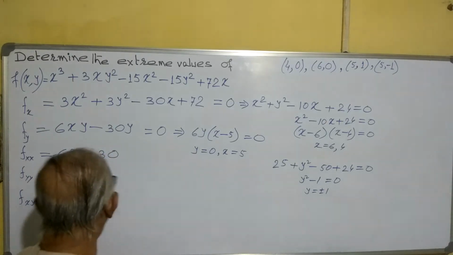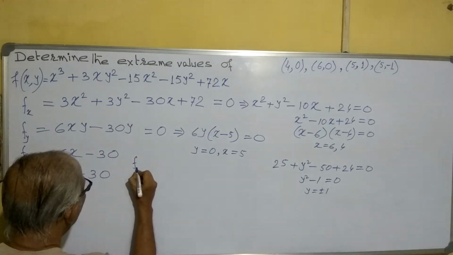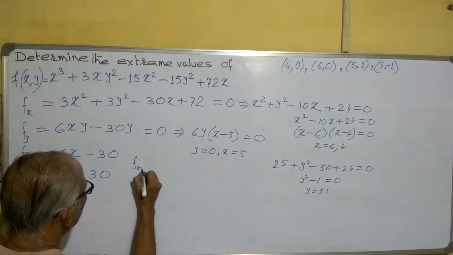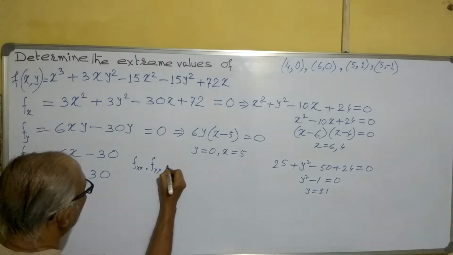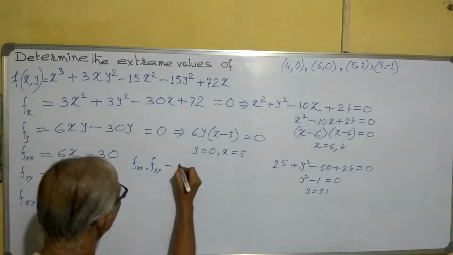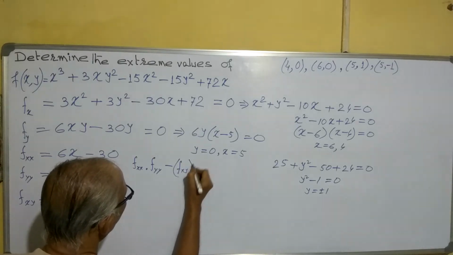Now you have to remember this formula for finding what we are doing: fxx into fyy minus fxy whole square.